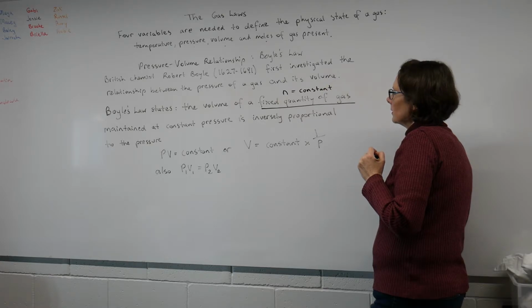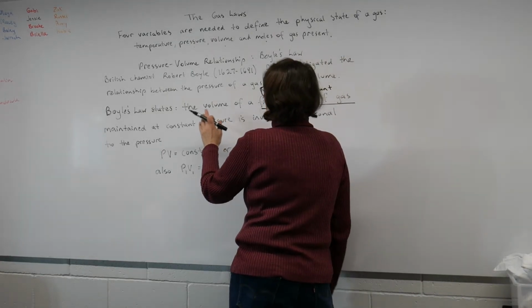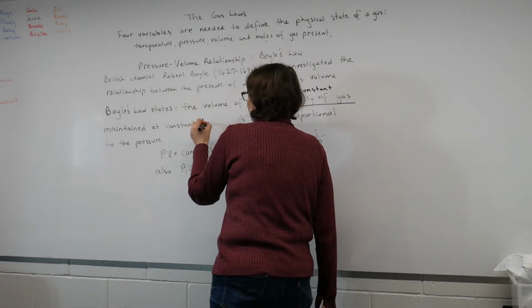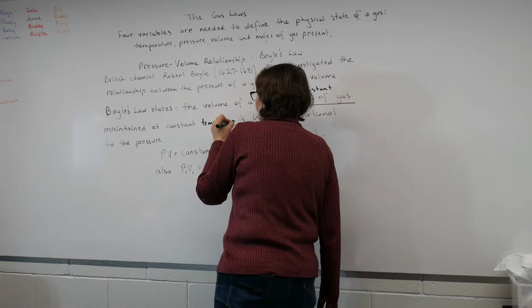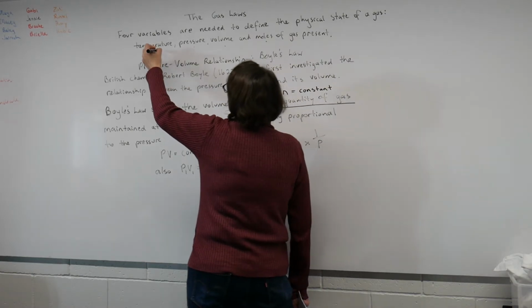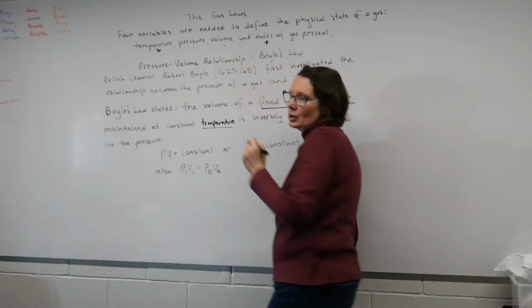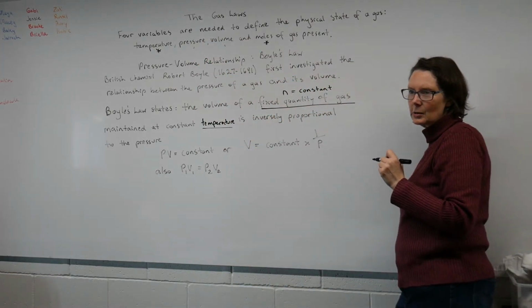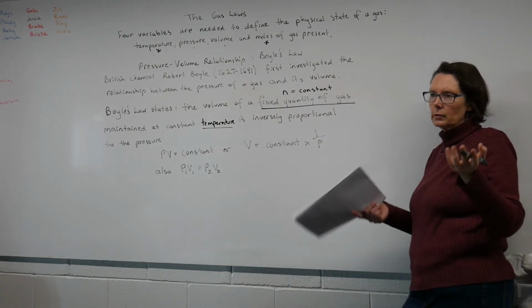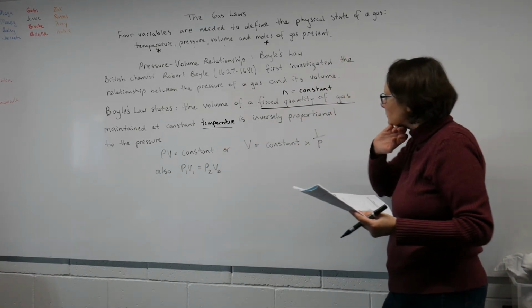I think I might have written down the wrong word. Sorry. These two have to be kept constant if we're looking at the relationship between those two. Does that seem reasonable? If these are our 4 variables, we're going to keep 2 the same, and we're only going to look at the relationship between the remaining 2. That does help if I write the correct word up here.